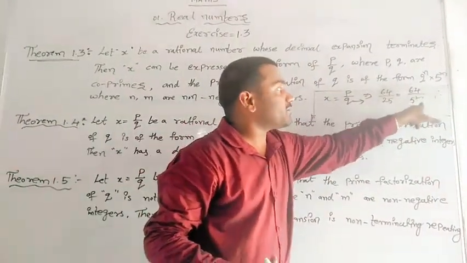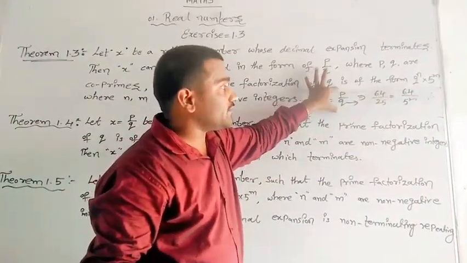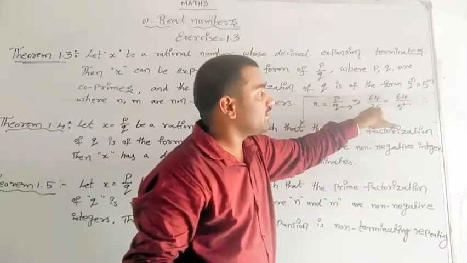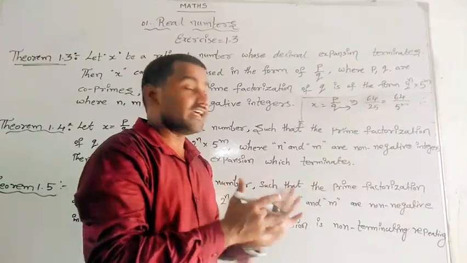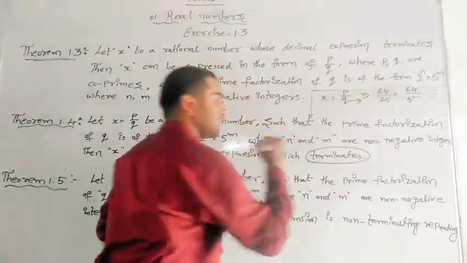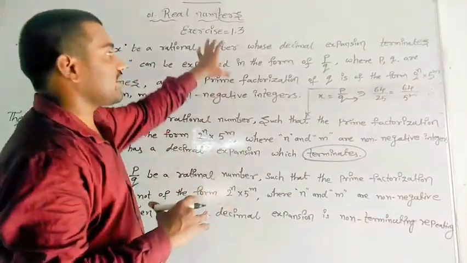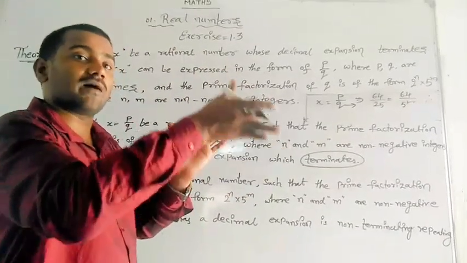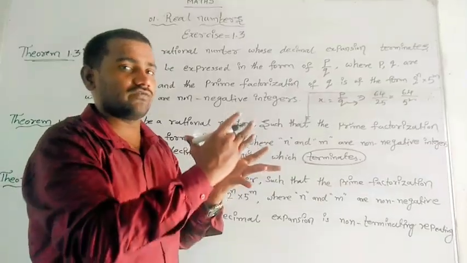So definitely the decimal expansion of this p by q fraction, whose denominator's prime factorization is in the form of 2 to the power of n into 5 to the power of m, will be a terminating decimal number only, not a non-terminating decimal number. That means here we are taking a decimal number, converting it into the p by q form, where q is in the form of 2 to the power of n into 5 to the power of m.